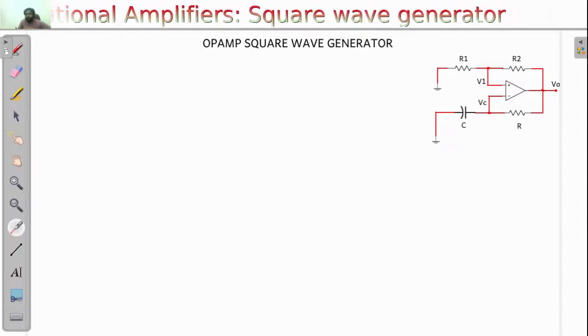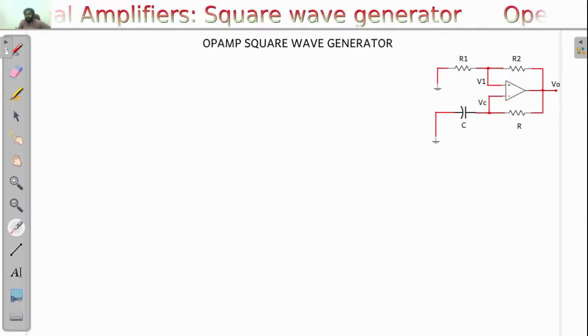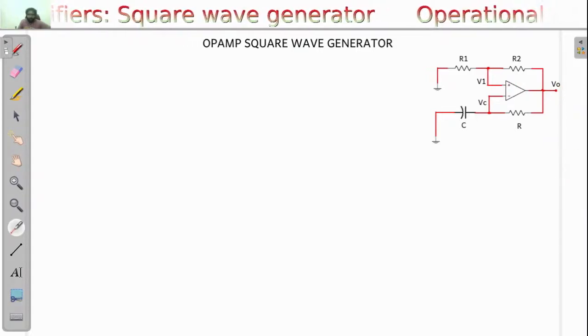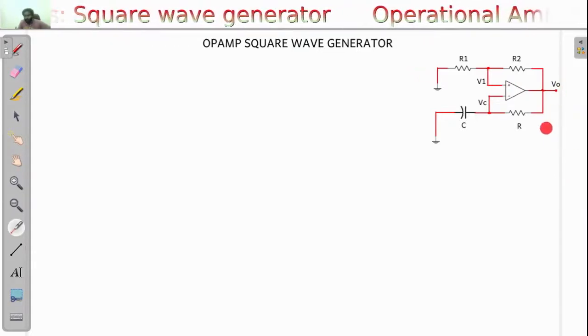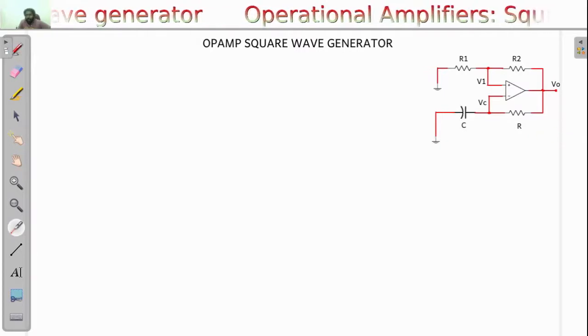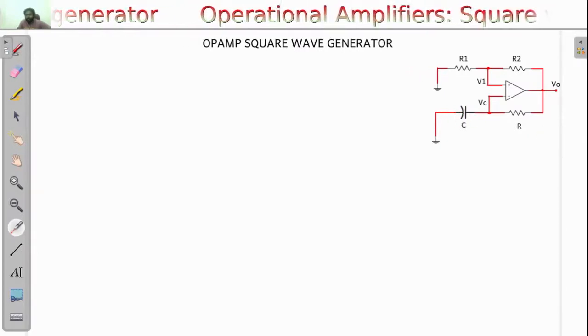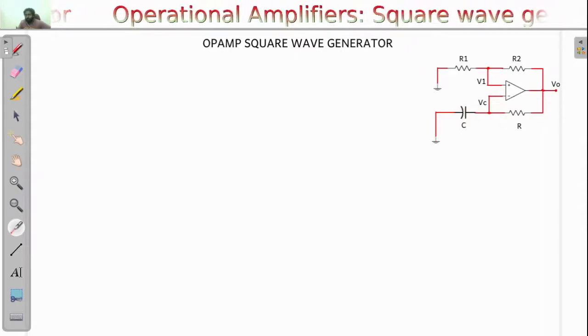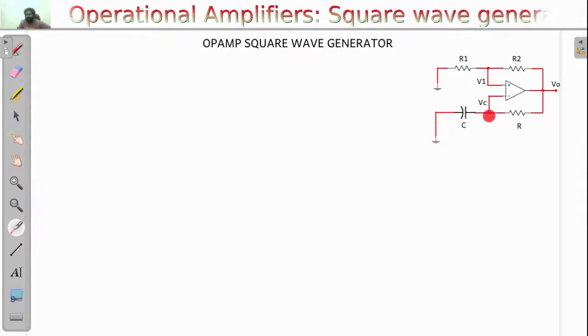When Vc is greater than V1, the op-amp is driven to negative saturation. It immediately goes to negative saturation. Now it is at negative saturation, and the capacitor tries to charge to a negative voltage from the output. So it derives from the output through the resistance.